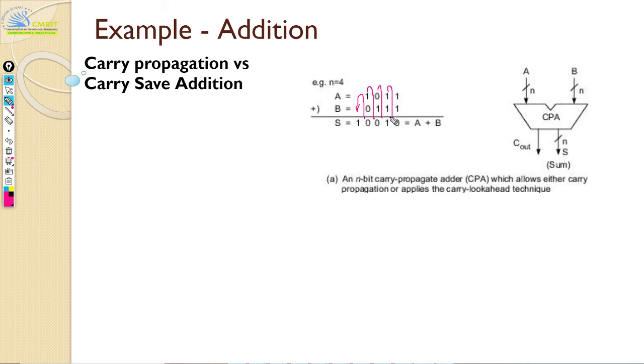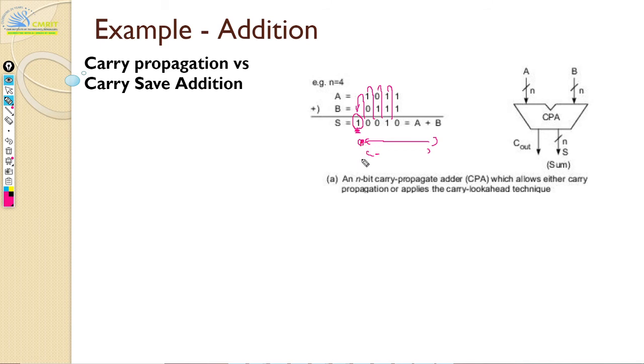The problem with this is that addition is not complete until your carry has propagated up to this bit. Which means that you have to wait. Let us say if it's a 4-bit number, it's okay. But if you add two 64-bit numbers, and every bit takes one clock cycle, then you have to wait for 64 clock cycles to get that one bit.